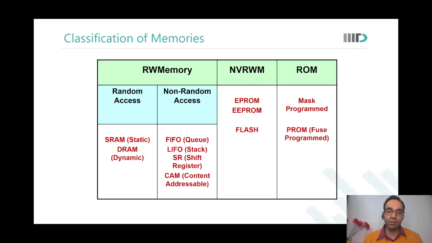Therefore, there is a system failure. A LIFO also has a read pointer and a write pointer, and the write pointer would be very close to the read pointer at all times, because you're talking about last in first out. In FIFO, read pointer and write pointer can be far away, depending on the size of the FIFO.